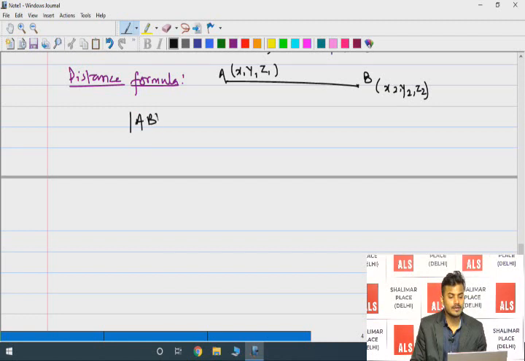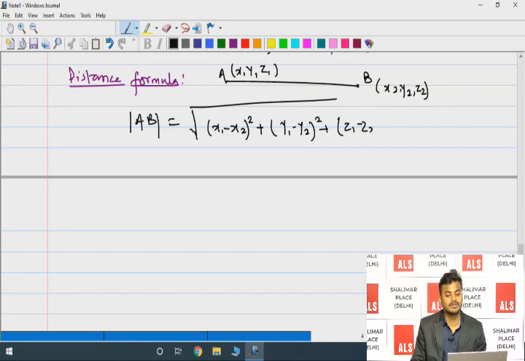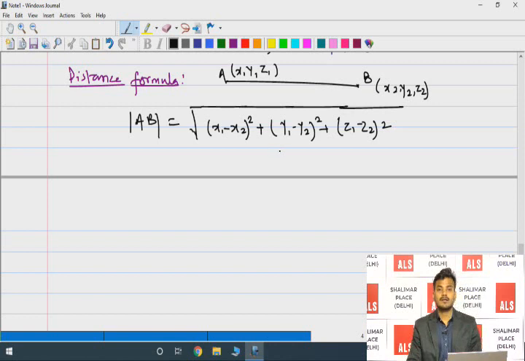Then distance AB can be written as square root of x1 minus x2 whole square plus y1 minus y2 whole square plus z1 minus z2 whole square. Alright, so this is the distance AB. Is that okay? Same formula as we used in straight lines. There we get only x and y, but here it will be x, y and z, all three. Is that clear?